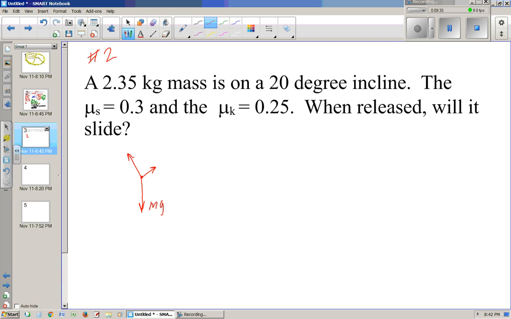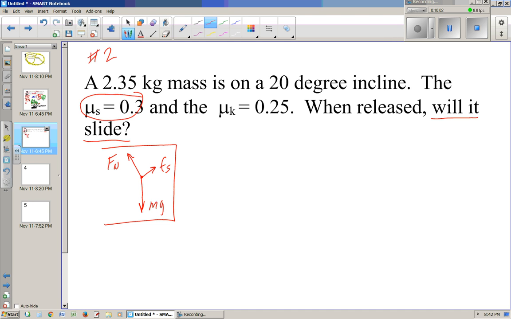The problem here, though, is will it slide? So what we're trying to find out here is this coefficient of static friction big enough to hold it on the hill? That's the only question we have to answer. Does it slide or does it not slide? So we have to take a look at F static here.